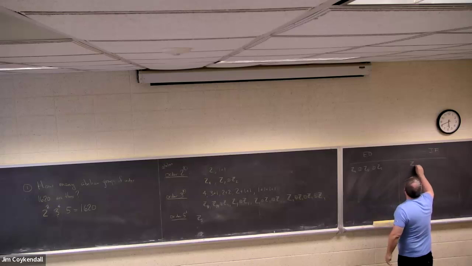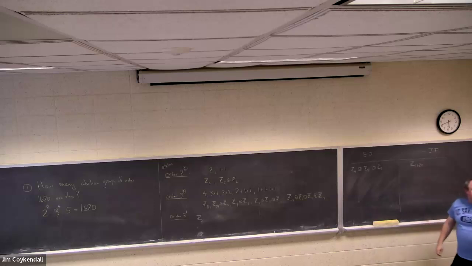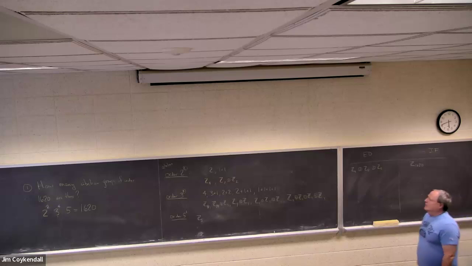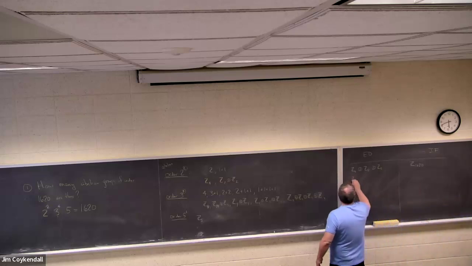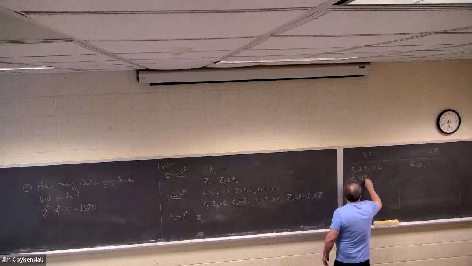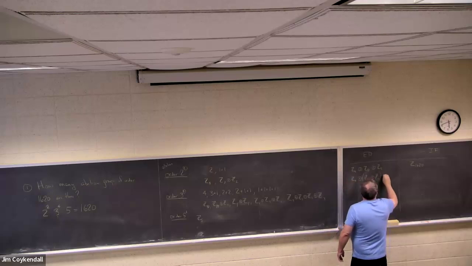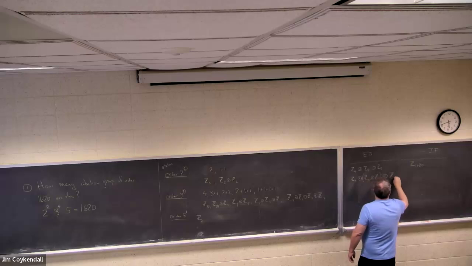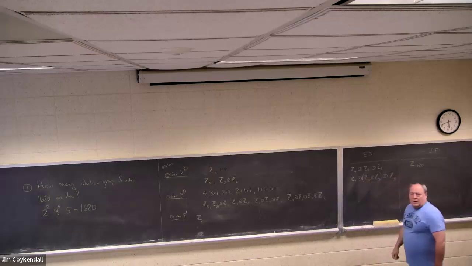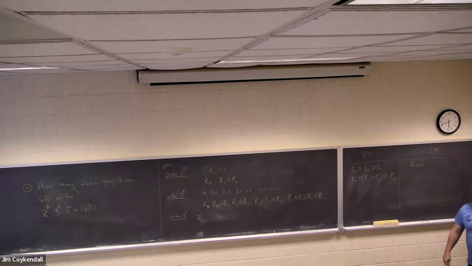This is actually the second one. Second choice. I'll leave this as Z4. But for my second choice, I will go C27 direct sum C3 direct sum C5. So the only thing I've changed there is the Sylow 3 group. It looks a little different.